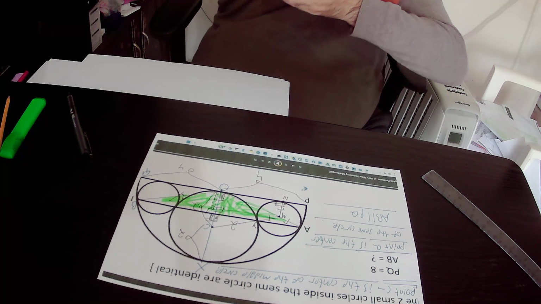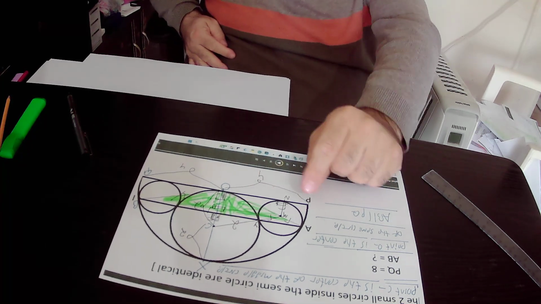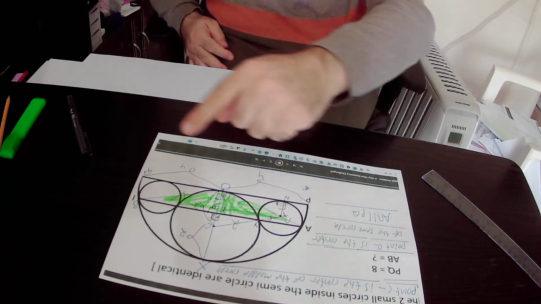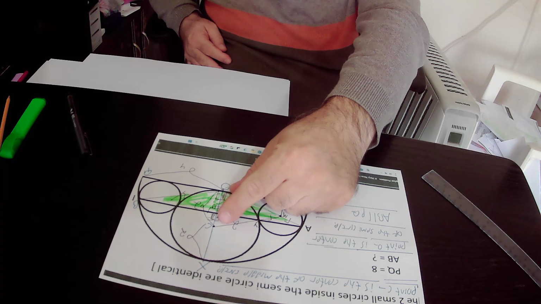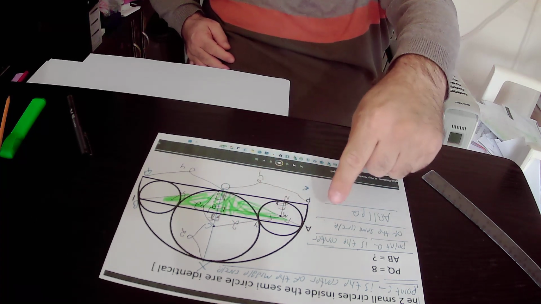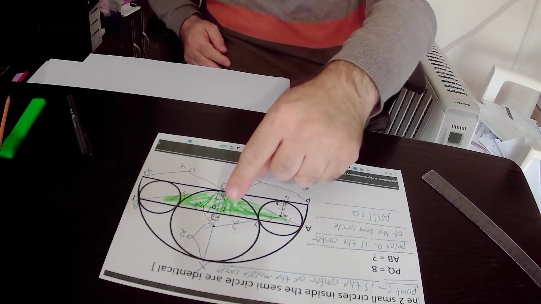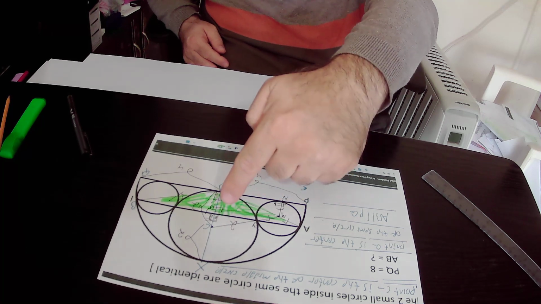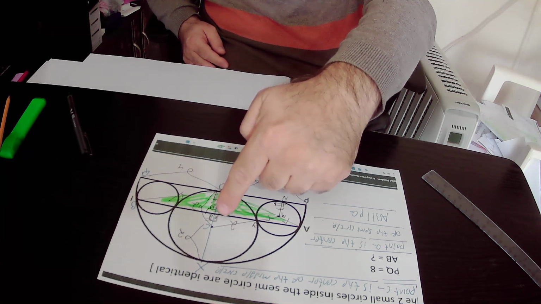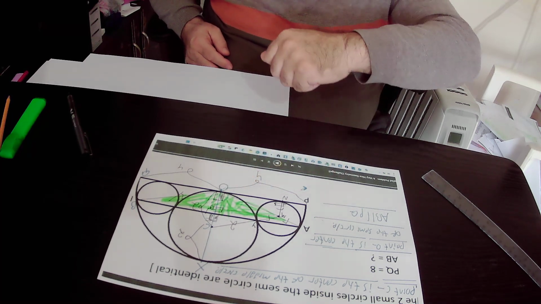Then we know that AB is parallel to PQ. Therefore, those two corresponding angles that are located between the parallel lines AB and PQ will be equal to each other, and this angle is 90 degrees, so this angle AEC will also equal 90 degrees.